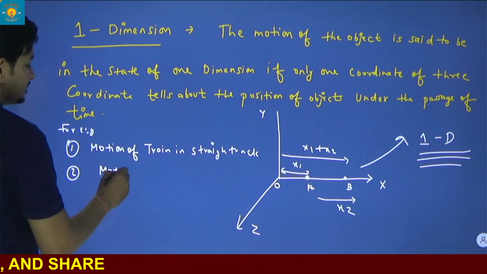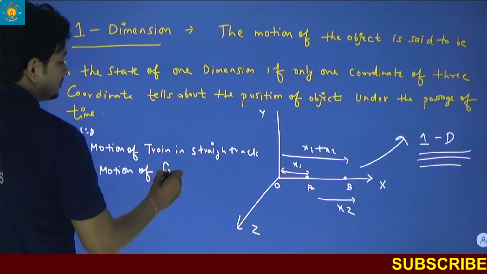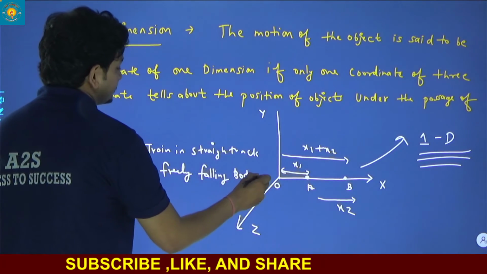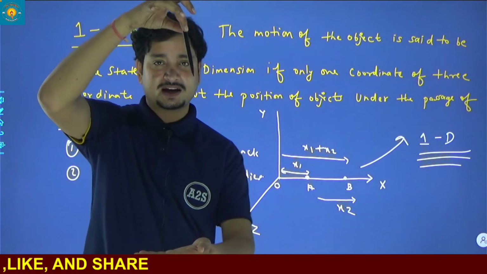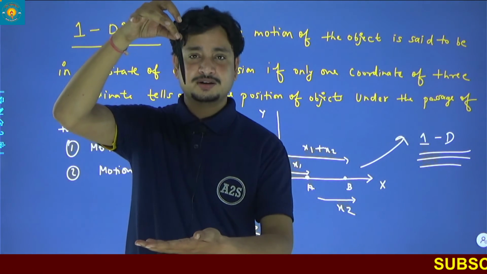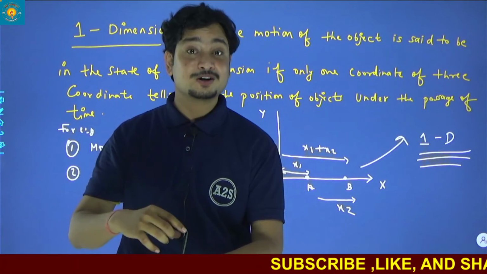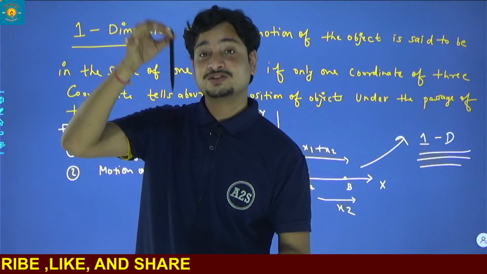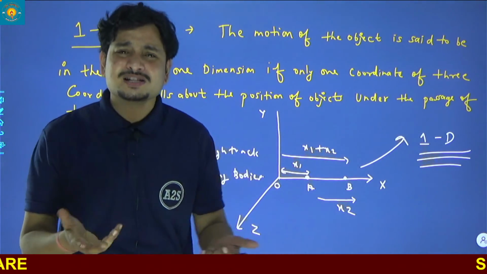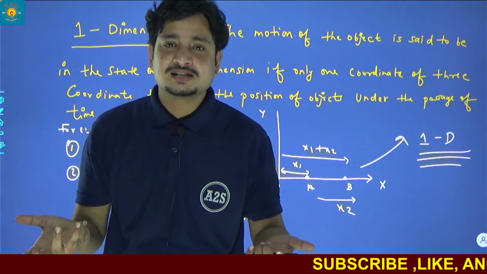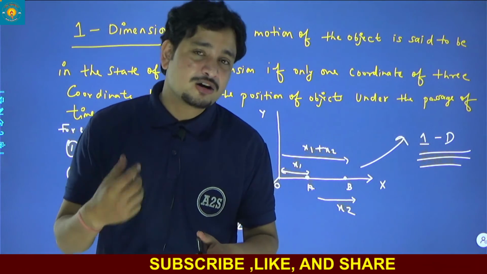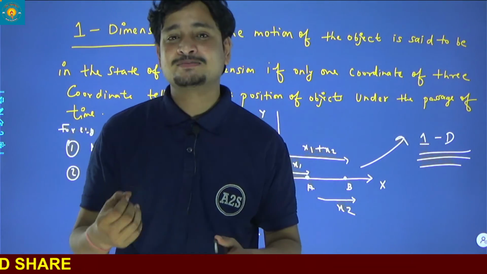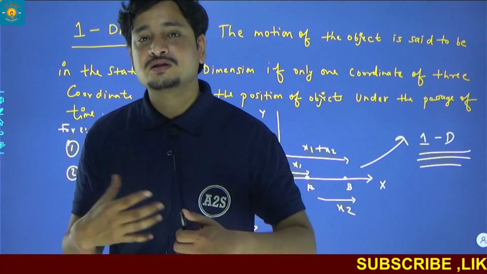Motion of freely falling bodies. A freely falling body means this pen; if I drop it, it goes like this. What is a free fall? Free fall means when any object falls from a certain height with no external force applied over it except the gravitational force, that object is called a free fall.